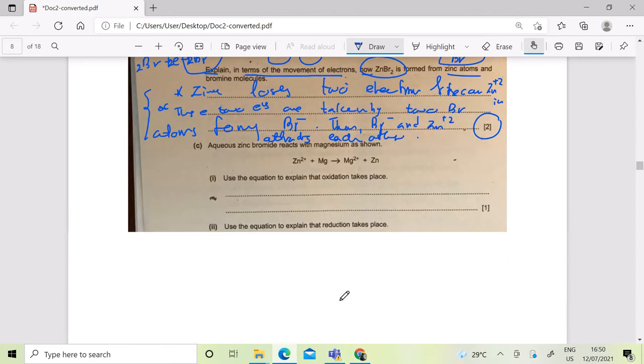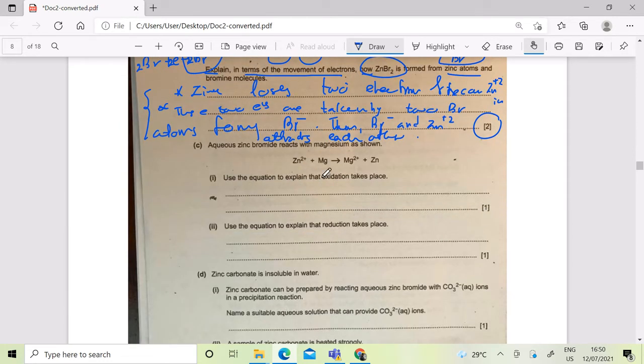Going to the next one. Aqueous zinc bromide reacts with magnesium as shown. Use the equation to explain that oxidation takes place. You can explain oxidation in terms of increase in oxidation number, but that is not exactly in the syllabus, but still you can write oxidation number increase, or you can write in terms of electron transfer. Very famous one is OIL RIG: oxidation is loss and reduction is gain.